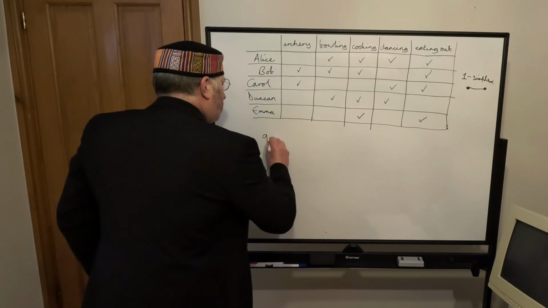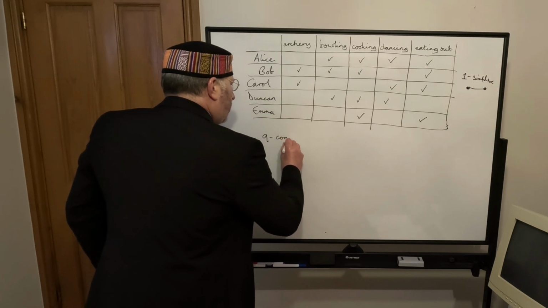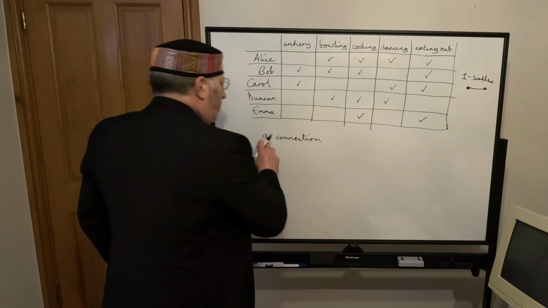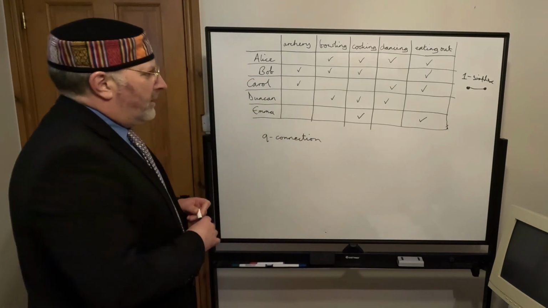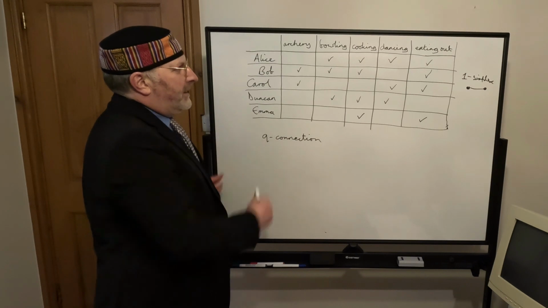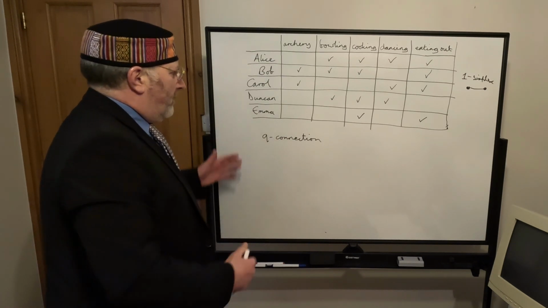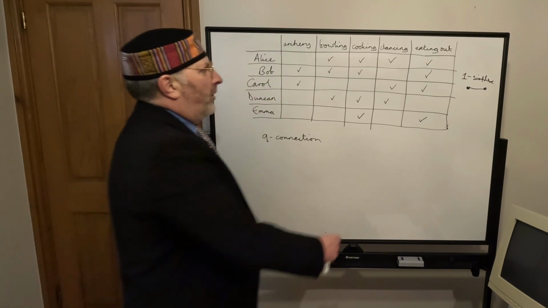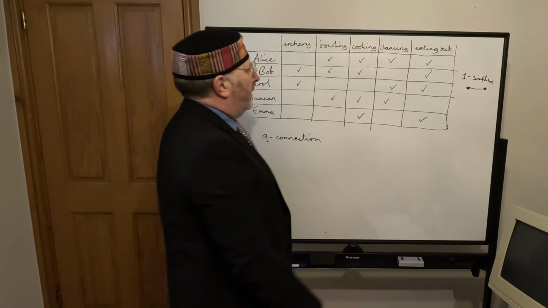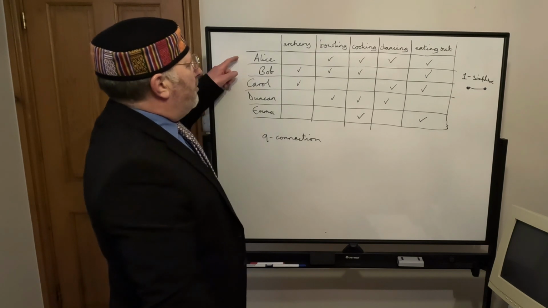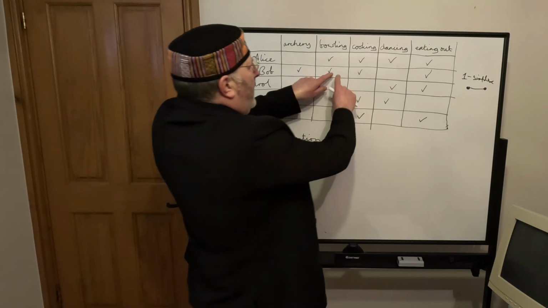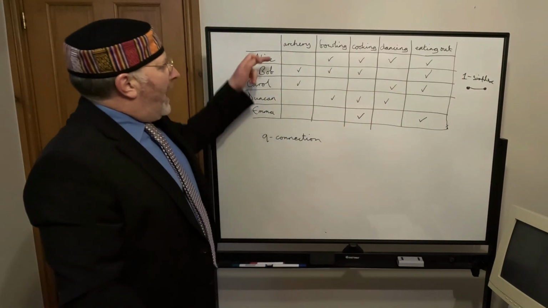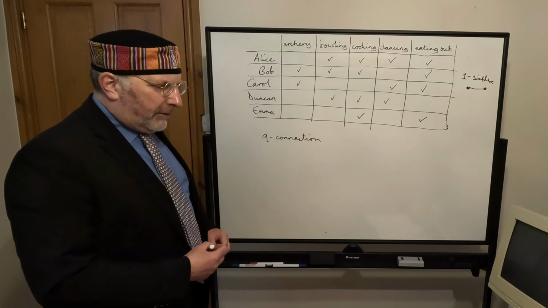And in general, there's the idea of Q connection, where Q represents the number of connectedness of any 2 simplices. So we're interested in the Q connectivity structure of this. So we've just said Alice and Carol are 1 connected. Alice and Bob, well, they share 1, 2, 3 points. So Alice and Bob are 2 connected.